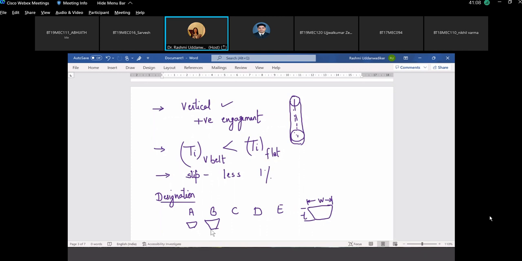For B, it is 1.5 to 15, which means if you have to transmit 2 kilowatt of power, you have an option to select either A or B. For transmitting 14 kilowatt of power, you have a choice of B and C. We have to decide whether we have to go for B cross section or C cross section.